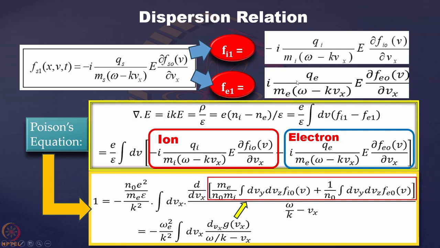So later on, we will just use q_i equal to e and q equal to e interchangeably. Then we go to Poisson's equation, and when we apply this, n_i minus n_e gives you the charge density, where n_i is nothing but your f_i1 and n_e is nothing but f_e1. So if you take the difference, then you get the charge density, and divide by epsilon to make the equation valid.